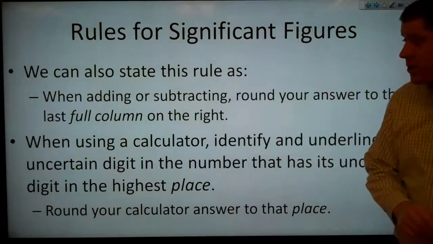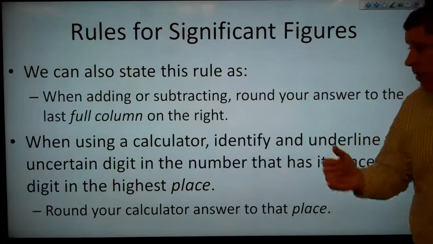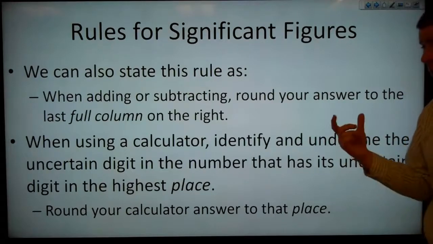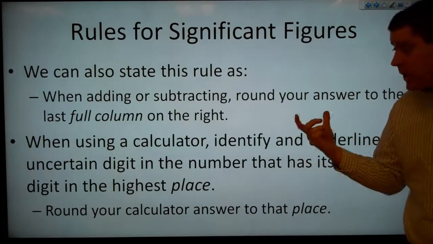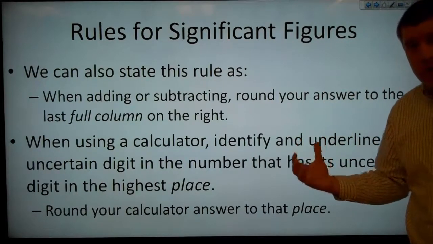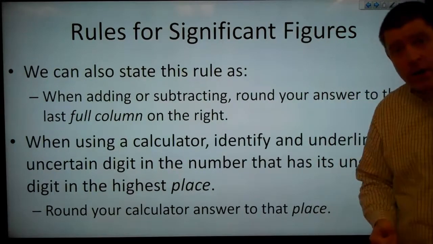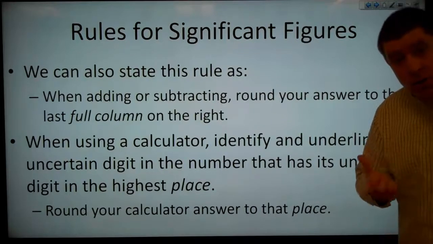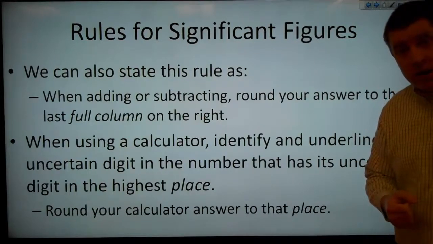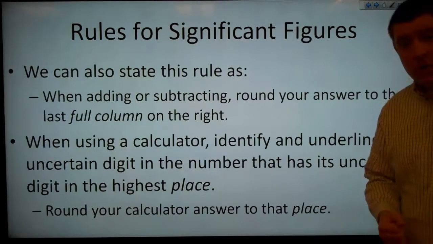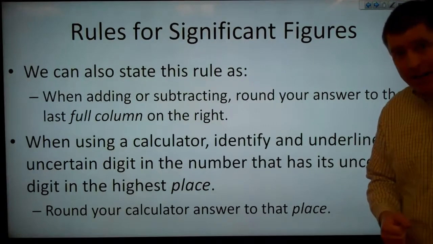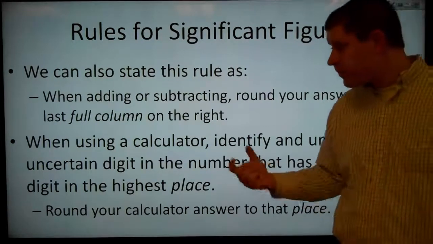So we can also state this rule as, when adding or subtracting, round your answer to the last full column on the right. So if you have a digit in that place for all of your numbers, then you can write that one. If you don't have a digit in that place for all of your numbers, then you cannot write that digit in your answer.